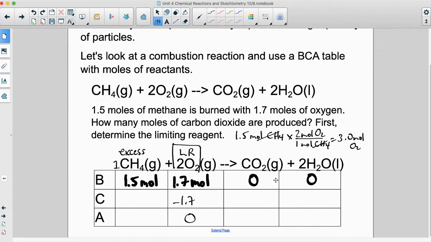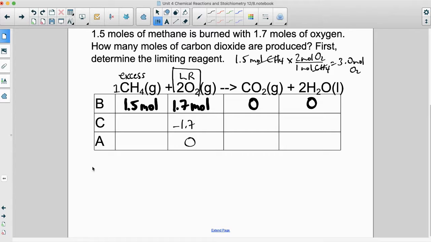So we can take that amount, the 1.7 moles of O2 right here from the change line, and figure out how much CH4. Well, I have 1 to 2 ratio, so 1 mole CH4 for every 2 moles of oxygen.